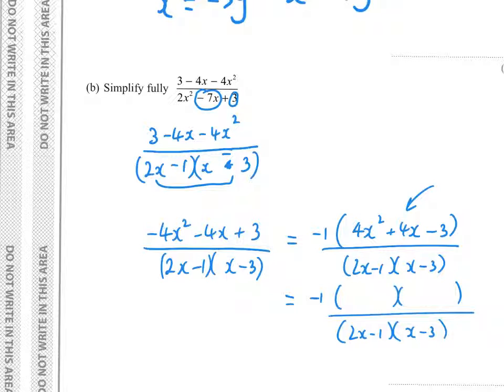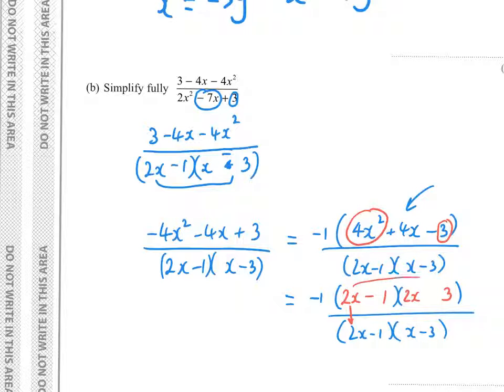Well, let's have a look. We'd have factors of 4, the coefficient being 4. Well, I'm going to go for 2x and 2x because I'm hedging my bets here. And then I need factors of 3, so I'm going to put a 3 here and a 1 here. And then I'm going to try and force it and see if that would work, because I've got a 2x minus 1 underneath.